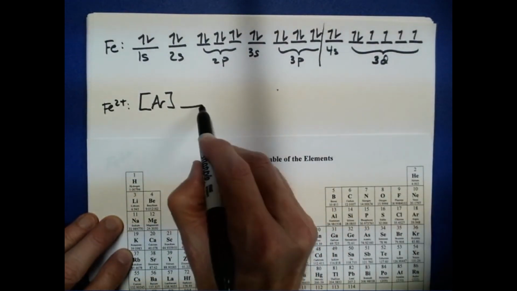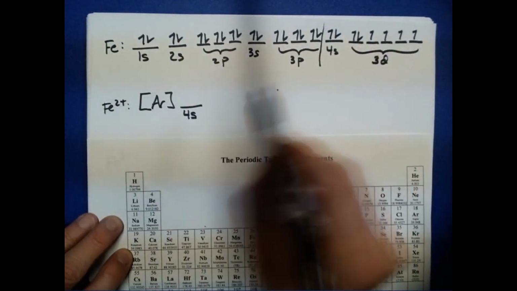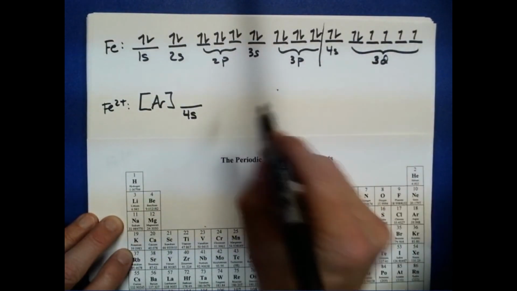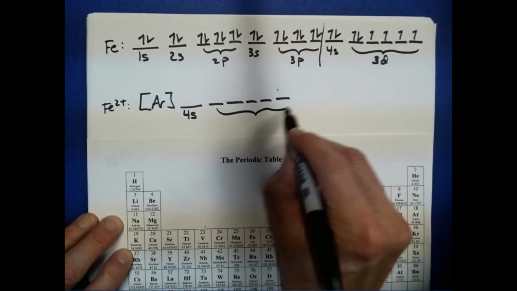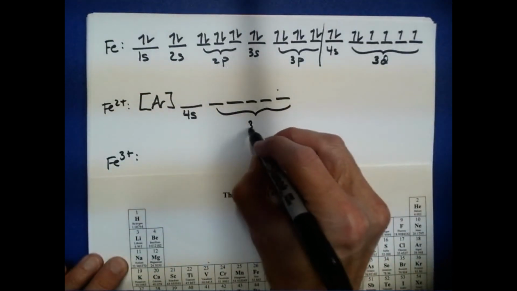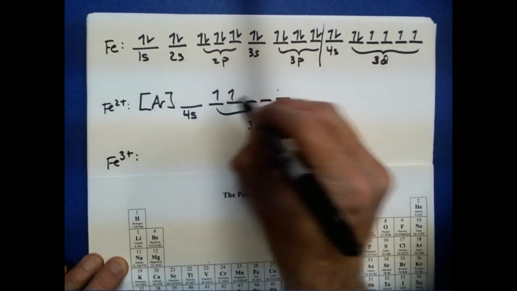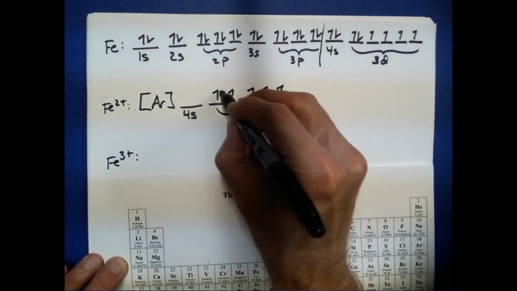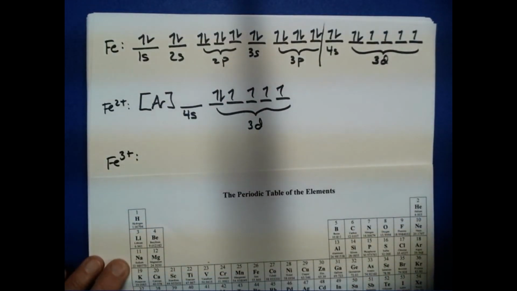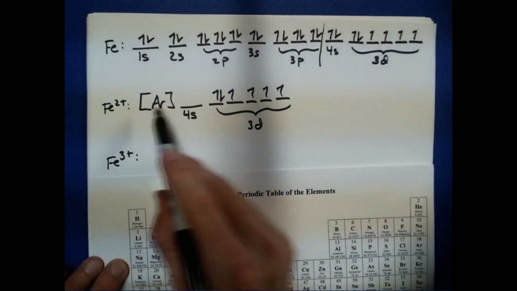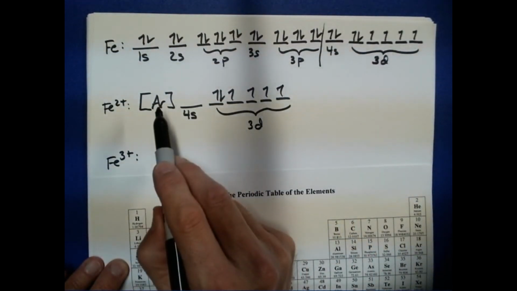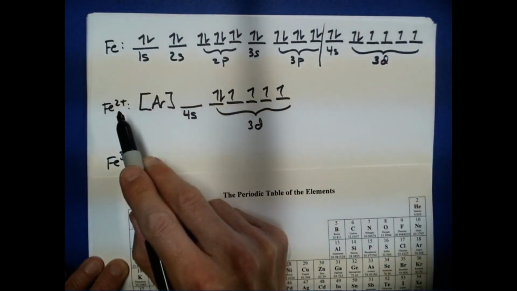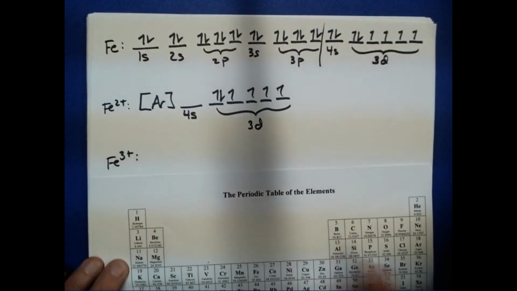So what I would have here is an empty 4s because I'm going to take these 2 electrons out, and then of course the 3d is just going to look the same because I didn't mess with those at all. So the 3d is going to look like this: 1, 2, 3, 4, 5, 6. And that would be your electronic configuration in the orbital box notation for the iron 2+ ion.